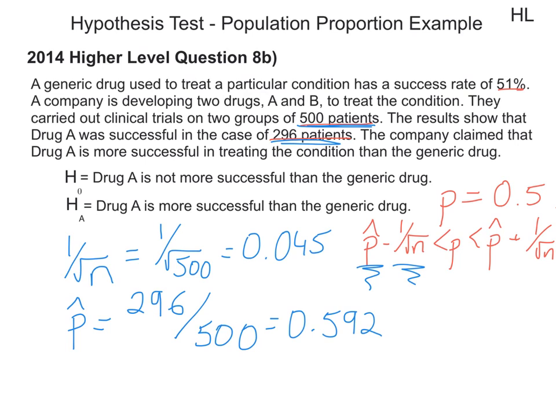So far, we have completed the first step of defining the null hypothesis and the alternative hypothesis, and the next step of calculating the values we need for our confidence interval, i.e. the 95% margin of error and the sample proportion. We'll move on now to calculating the 95% confidence interval.